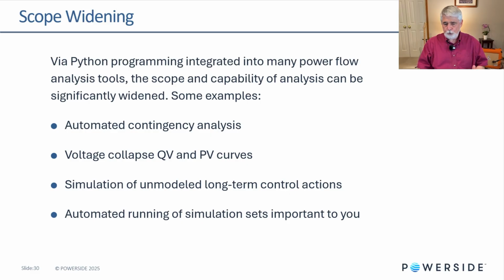It allows you to increase the scope and capability of the power flow tool that you're using under the hood. Some examples: the automated contingency analysis, the work that I did for Western Area Power Administration, voltage collapse, QV and PV curves.